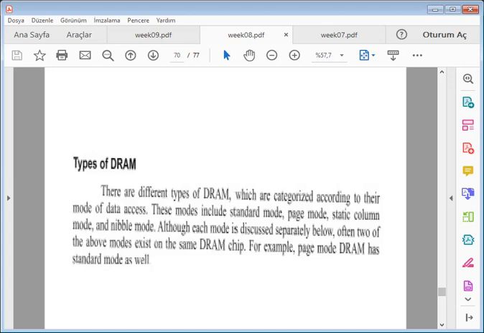There are a couple of approaches, since RAMs are single bit oriented with columns and rows. I mean, the storages are not fixed as byte oriented like static RAMs or ROMs. They are bitwise and their selection is done in a column and row-wise fashion. So there's a kind of categorization according to the data access, like standard mode or page mode or static column mode or nibble mode, etc.